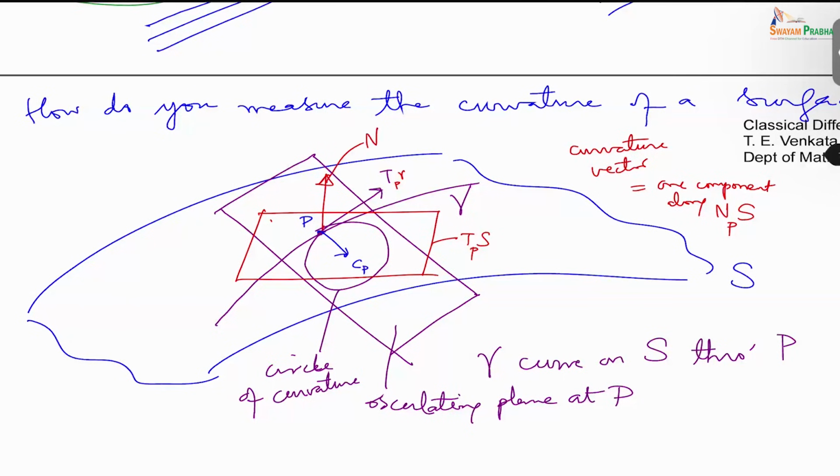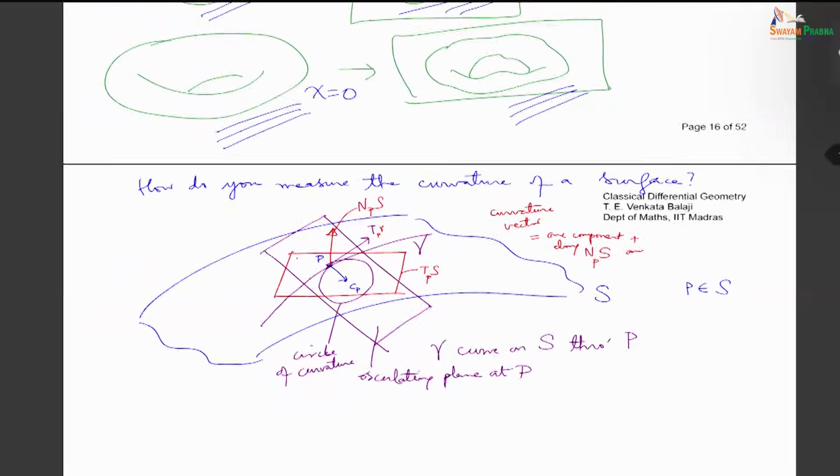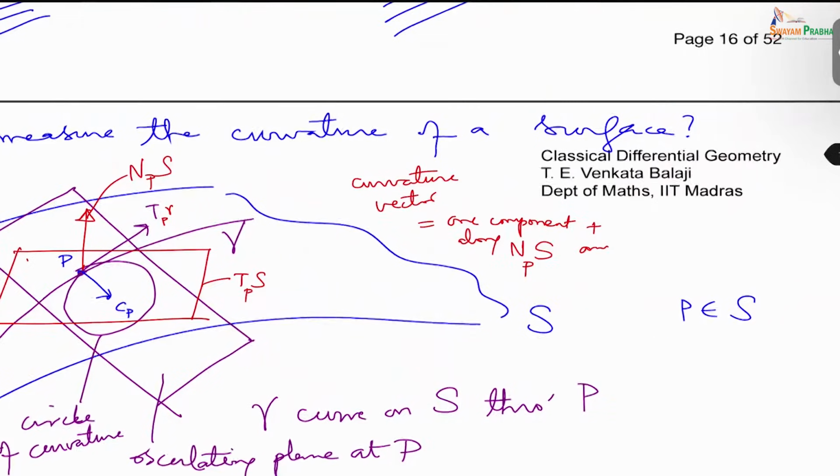This is the normal to the surface at that point, and this is actually the normal to that red rectangular plane I have drawn to the surface at that point. Okay, and then there is one component along that, plus another along the tangent plane to the surface at that point. Remember the tangent plane is a two-dimensional plane.